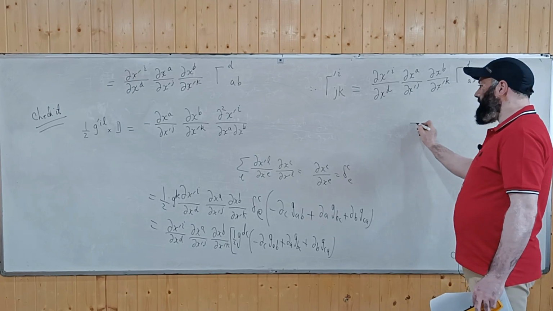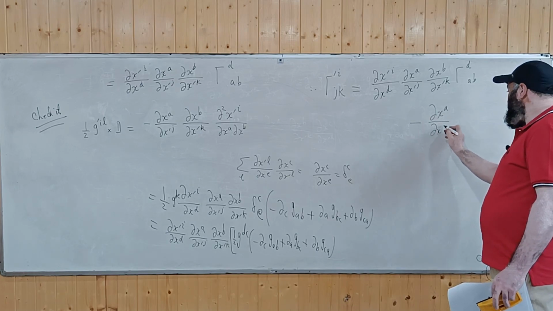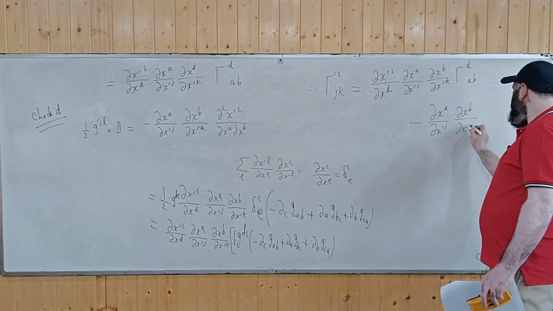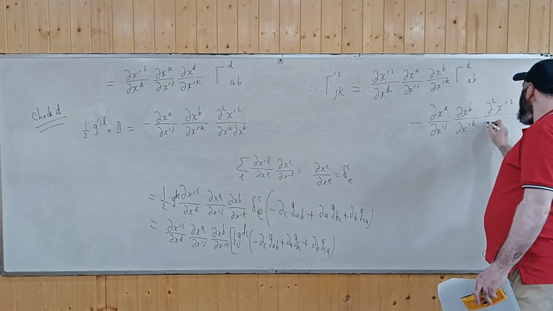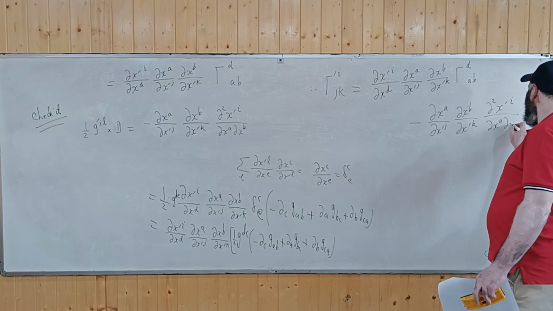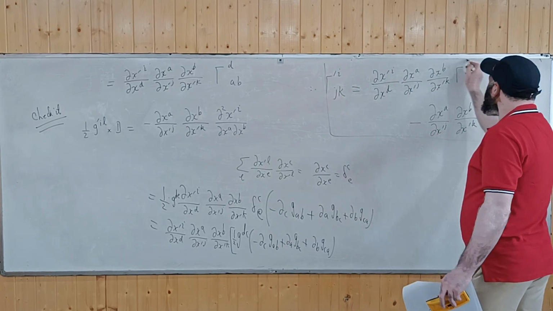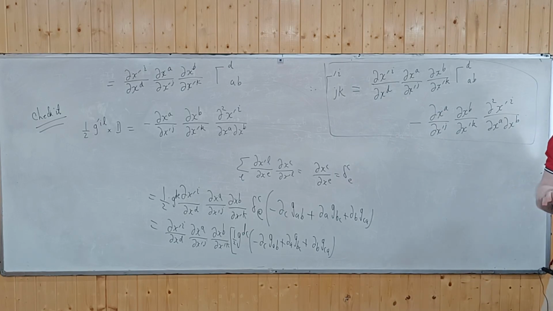Okay, minus partial xa by partial x prime j, partial xd by partial x prime k. Just remember this form. The first thing is easier to remember because you have to put the transformation rule for each index.